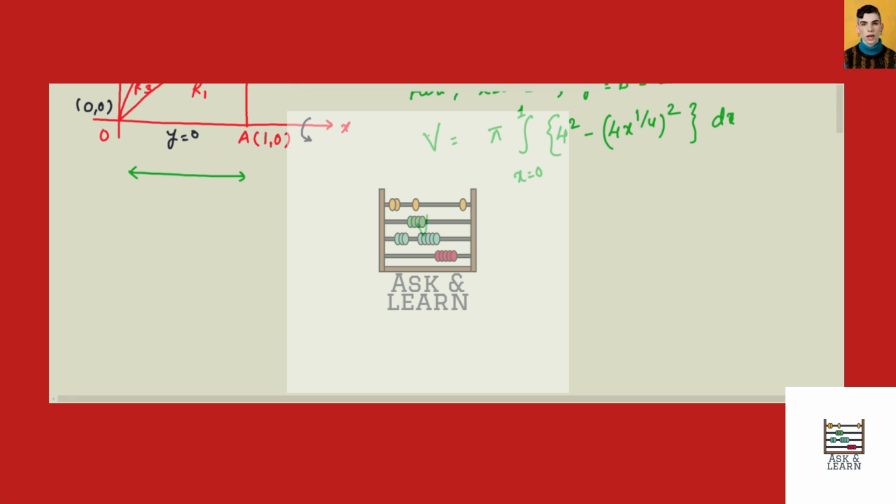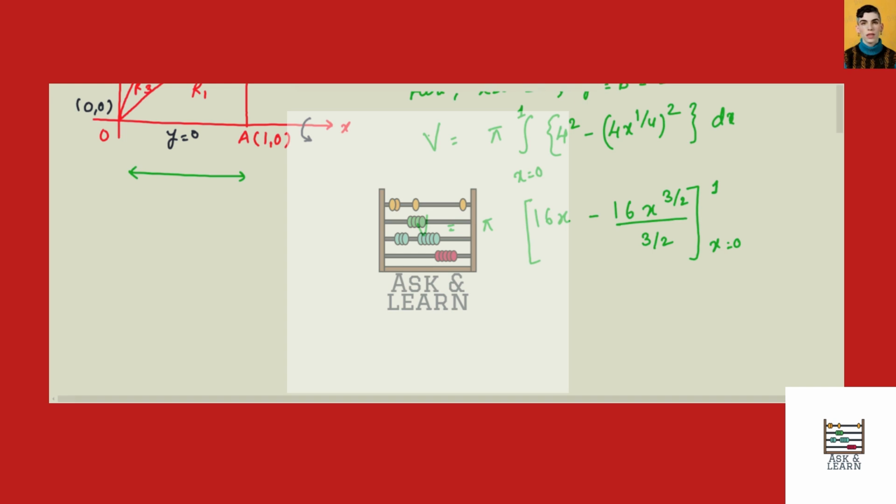Now V becomes, after integration, pi times 16x minus 16x to the power 1 by 2 plus 1, that is 3 by 2, divided by 3 by 2, with limits x equals 0 to 1.